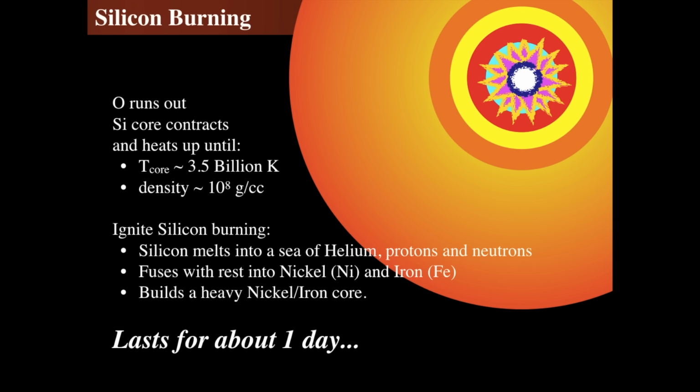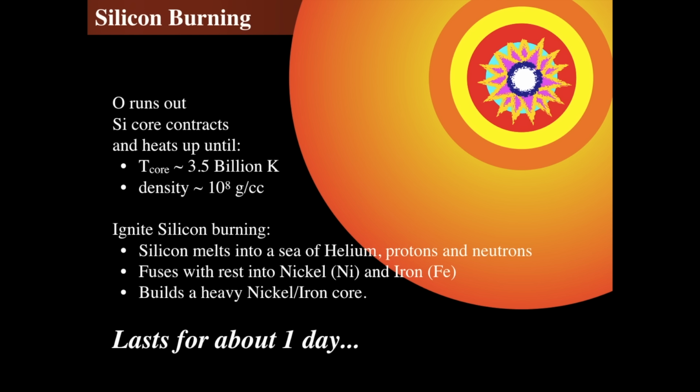And finally, when silicon burning occurs, the temperature is so incredibly hot that the silicon itself cannot withstand the intensity of the light that's there. The photons are so incredibly energetic at this temperature that they actually break the silicon apart into helium again and back down to protons and neutrons. So the silicon's getting destroyed by the light.